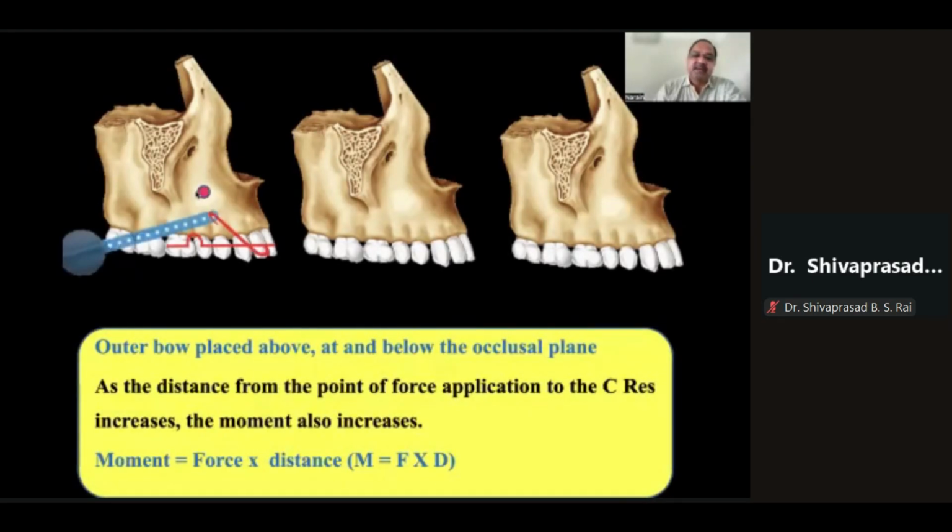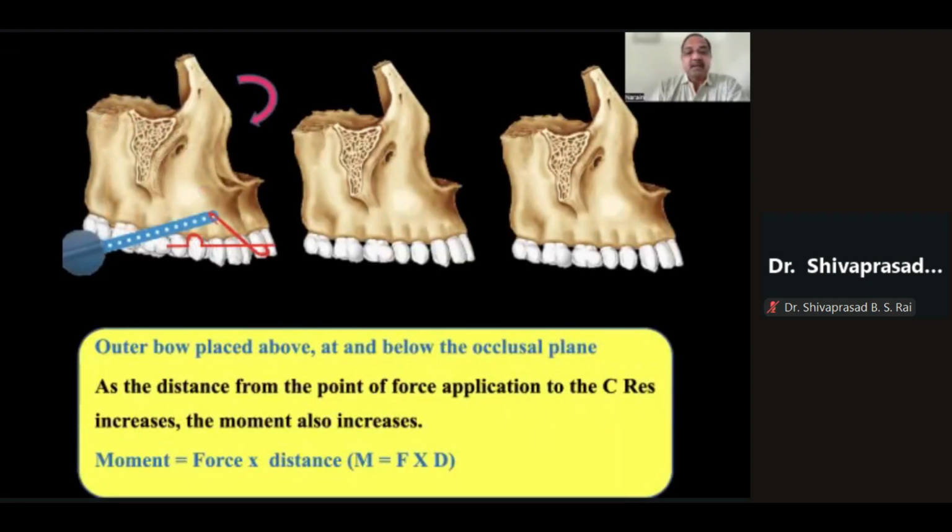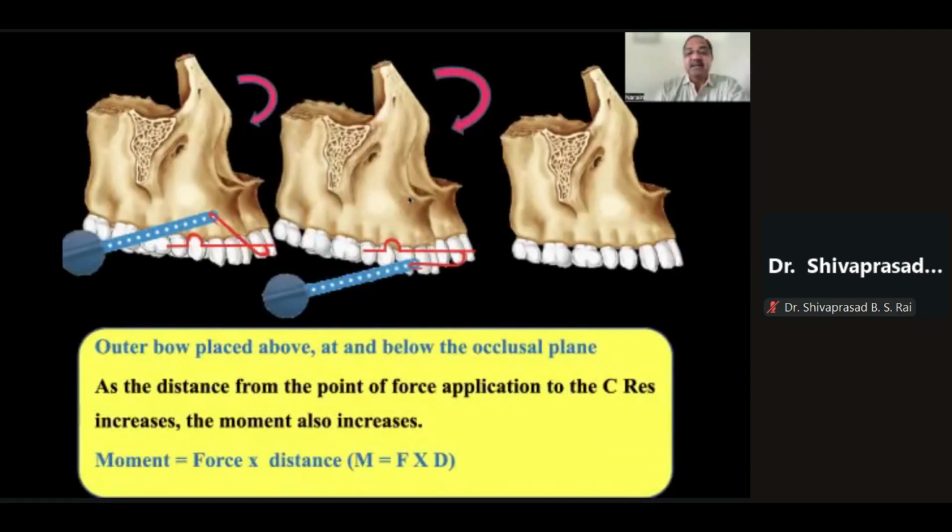So that is the center of resistance. Now you are passing it above the occlusal plane. So it is still below the center of resistance, so you will get a clockwise movement. Now, in this situation, I'm going to take the outer bow at the occlusal plane. That means the distance is getting larger, the moment is larger.